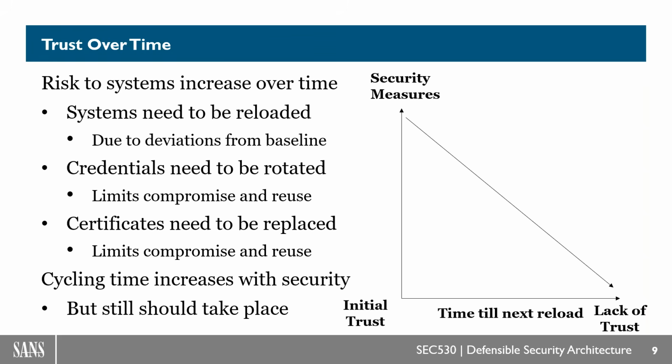But 3 years down the road, when you haven't had a hardware refresh cycle, that system has deviated from baseline and is significantly more likely to have unauthorized applications or potentially be compromised. So part of this too is that your risk decreases over time. So we might implement different things like virtual desktops, credential rotation, even SSL TLS certificate renewals. The concept here is if they get stolen, they get hacked, we rotate them and we lose them. So I'm not going to go too much into that, but that's a common extension, such as in the book Zero Trust Networks, which is a fantastic book, by the way.